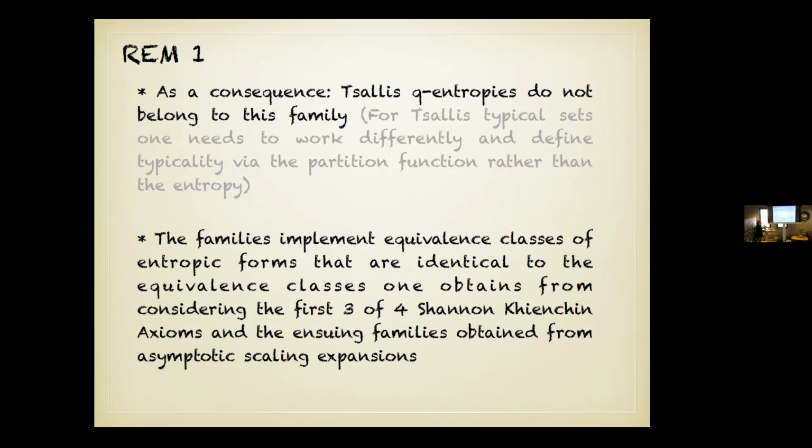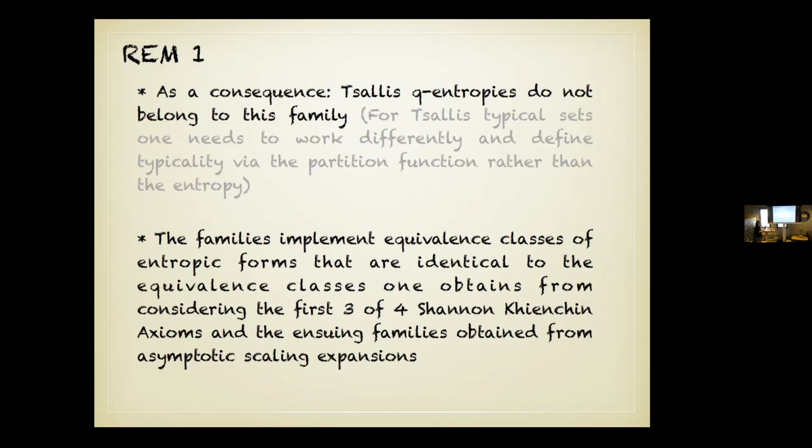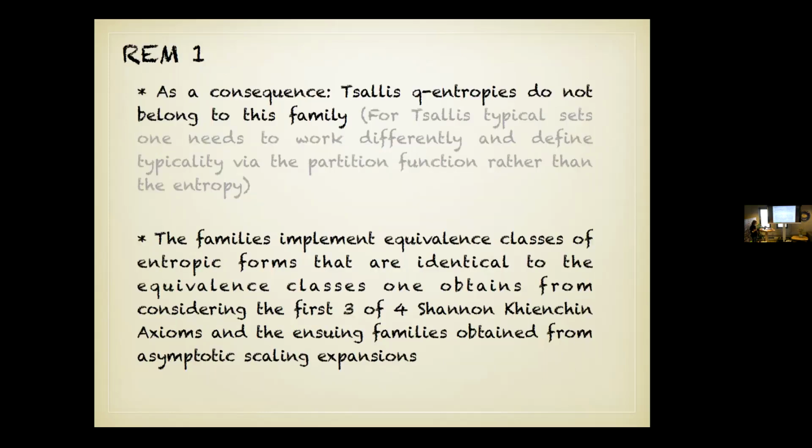And if you drop the composition rule, then one can show that all the resulting entropies have, instead of the logarithm, a generalized logarithm that is basically of this form. This is what one can prove. So the first 3 Shannon-Khinchin axioms do not uniquely define the function, but they define equivalence classes of functions.